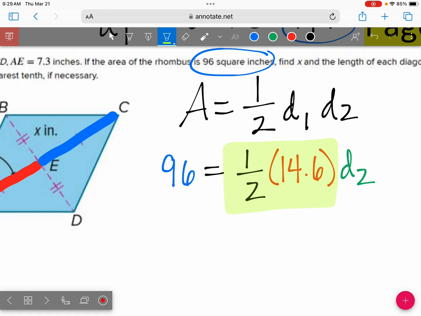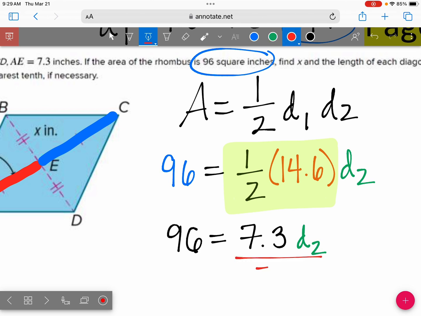Take 1/2 of 14.6. That gives you 7.3 times diagonal 2. And again, they're being multiplied. So you need to divide both sides by 7.3.